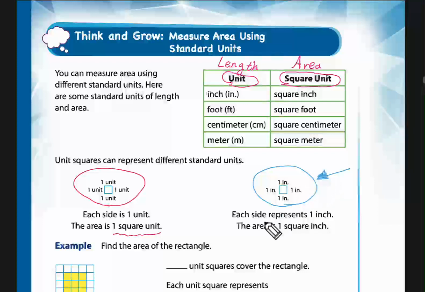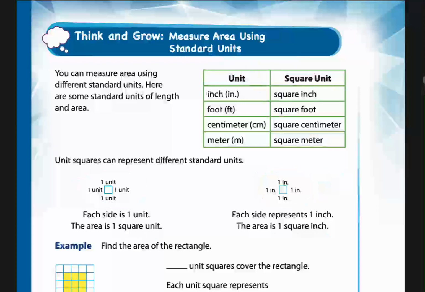Each side represents 1 inch, so the area is 1 square inch. Now we know that for area we are using square units: square inch, square foot, square centimeter, square meter. Any of these.